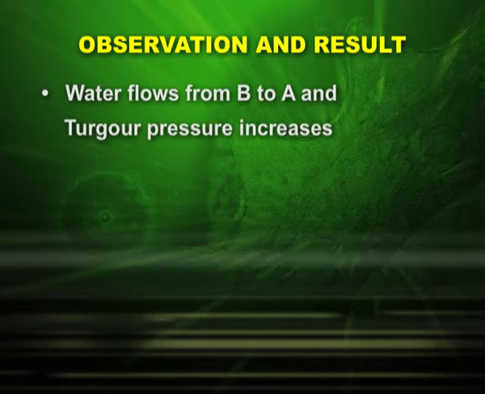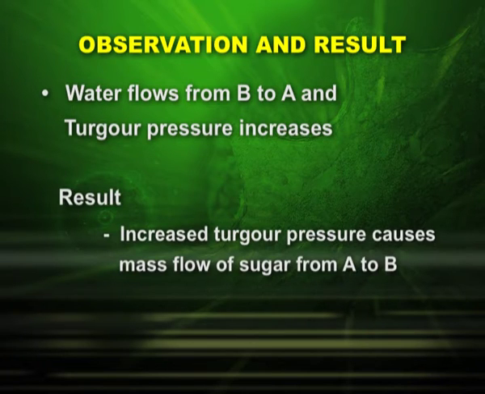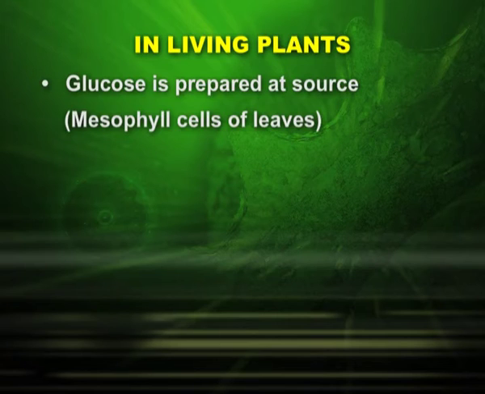Now, what is observed in this model? We observe the water flows from B to A and the turgor pressure increases. So, what is the result? The increased turgor pressure causes mass flow of sugar from A to B. In the same way, in living plants, we can also explain the transport of substances through phloem, as the glucose is prepared at the source, that is the mesophyll cells of leaves.